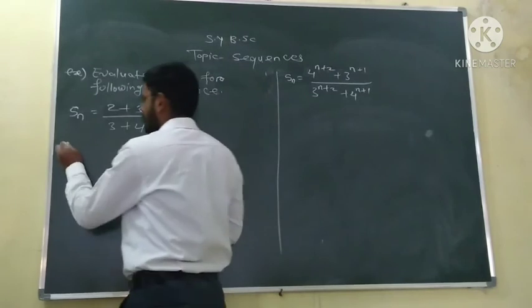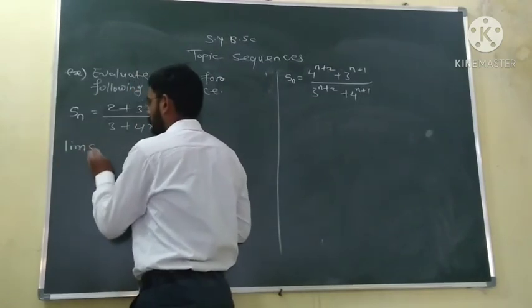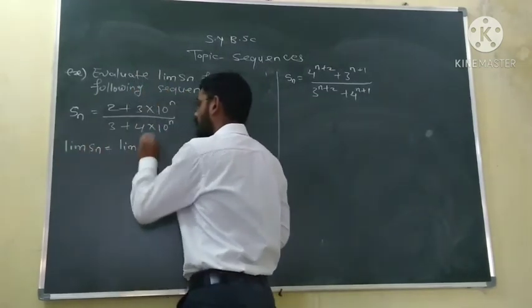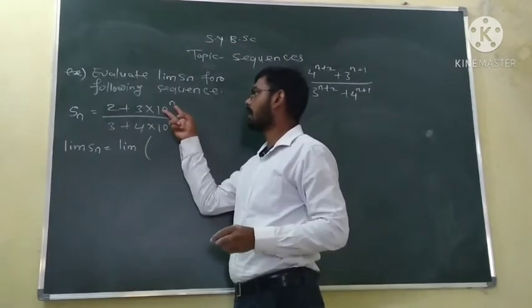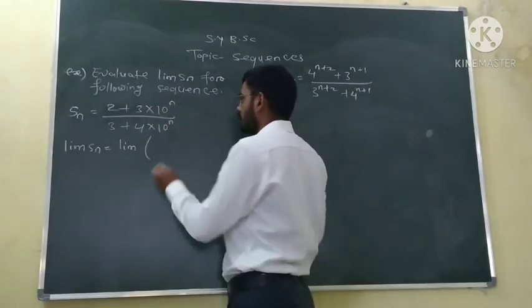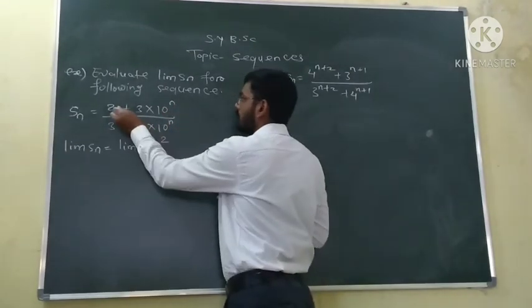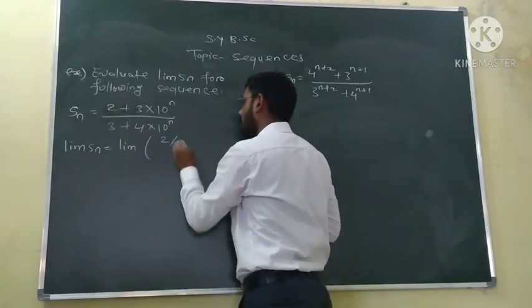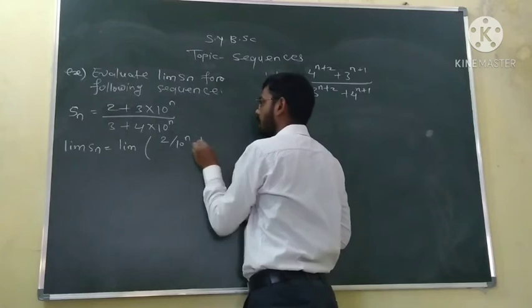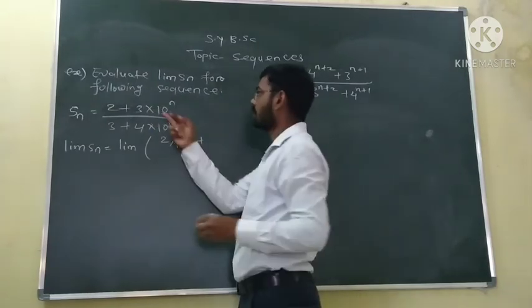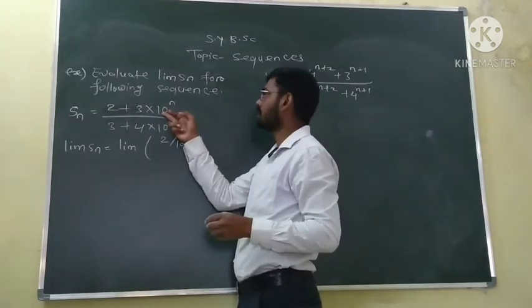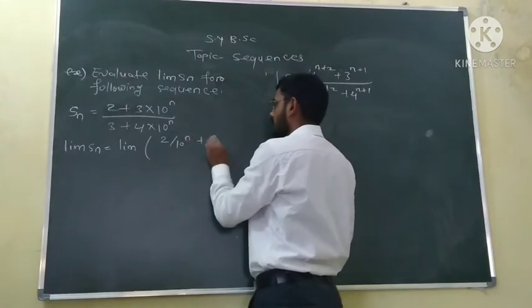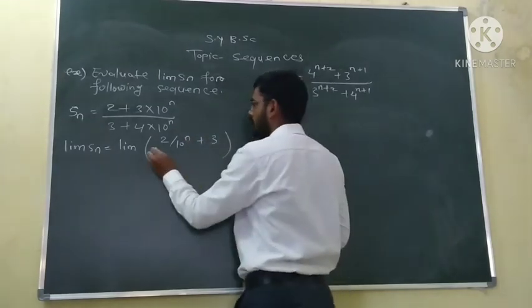So limit of Sn is equal to limit of, dividing numerator and denominator by 10 raised to power n. Here there is no 10 raised to power n, so this term becomes 2 upon 10 raised to power n, plus here if we divide by 10 raised to power n, the 10 raised to power n gets cancelled, so there remains only the number 3.